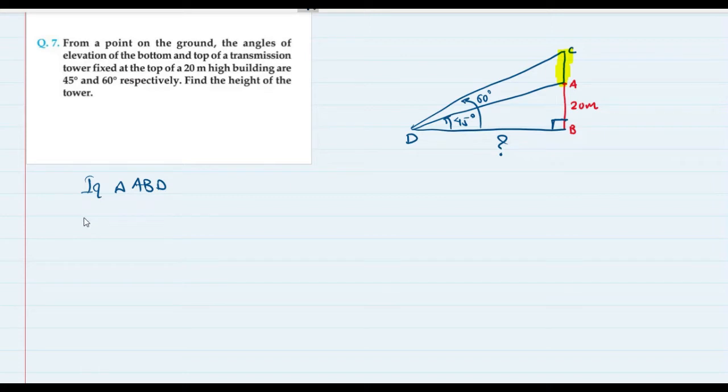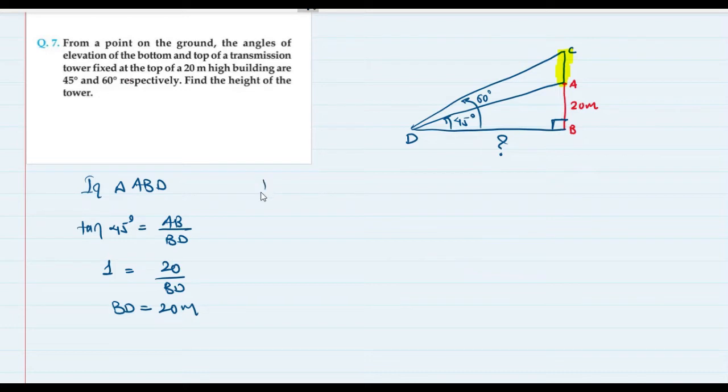In triangle ABD, tan 45. Why tan? Because I'm concerned with adjacent and opposite. So tan 45 is equal to opposite upon adjacent. First I want to find BD, right? So tan 45 is 1, AB is 20 upon BD. So BD is also 20 meters. It doesn't look like in the figure that AB and BD are equal, but that doesn't matter.